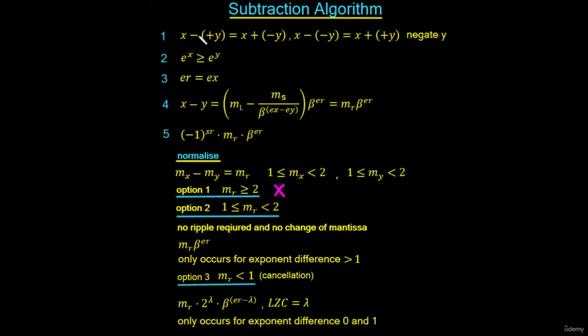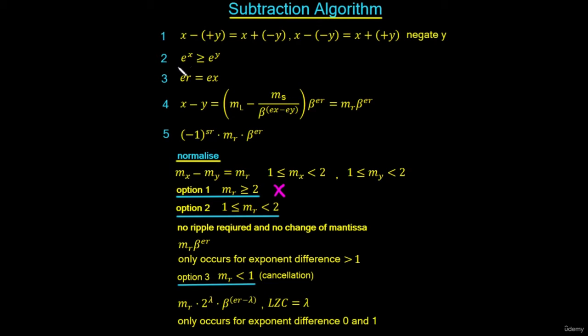So when we're subtracting here, we just add on the negative, so we have to negate the y value. Now we have the other option where y is actually a negative, so we would have x minus minus y, in which case again we have to negate this y to make it positive. So we go through this negation here.